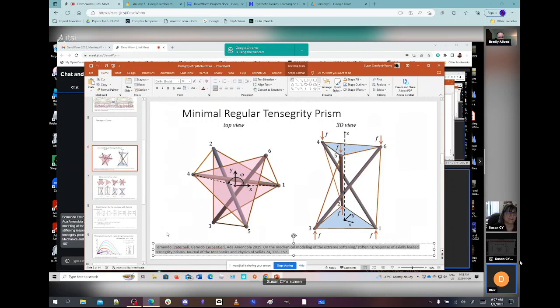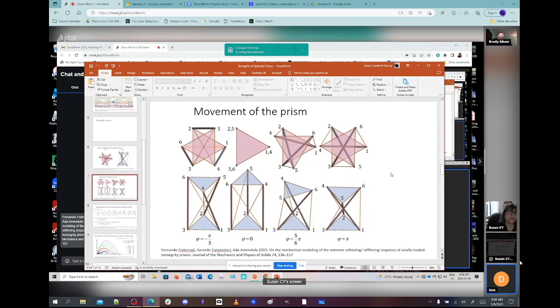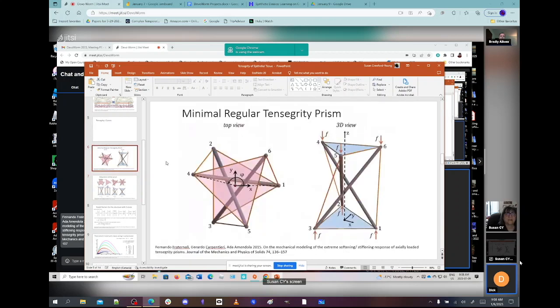This is looking down at the top of it, and this is the side. So it does change height, and it twists when it moves down. You can see they have a twist on the triangle; the triangles are not aligned, they're twisted. So this is a twisted version. A straight version doesn't tend to stand up by itself.